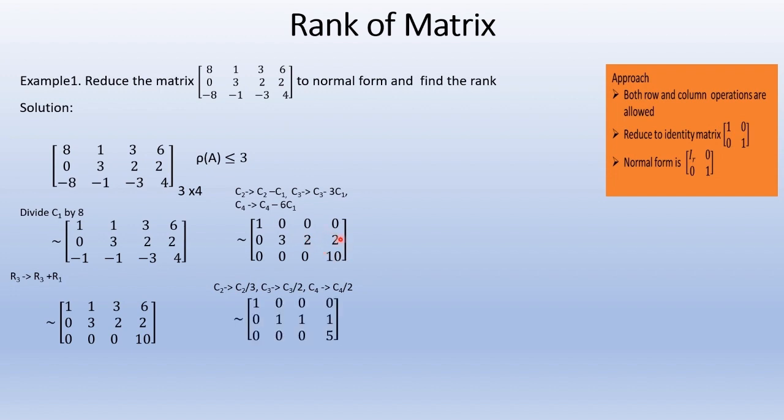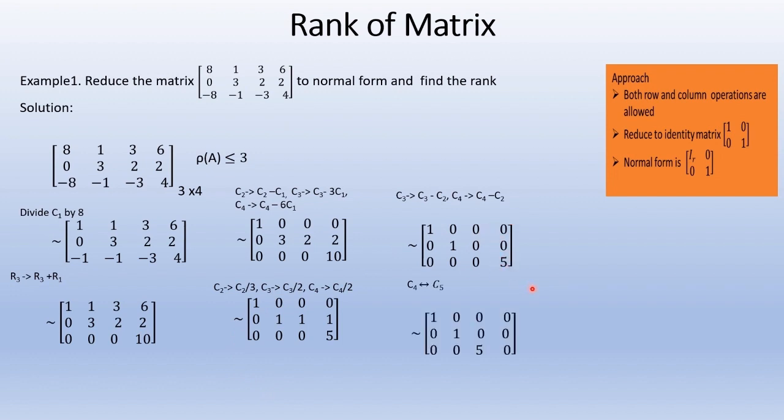Now, column 2 is subtracted from column 3 to get this column and column 2 is subtracted from C4 to get this C4. Interchanging C4 and C5, we get this. Dividing C3 by 5, this matrix is the identity matrix of order 3 with 0 in C4, that is [I3, 0]. This is the normal form, and the rank of the matrix is 3.